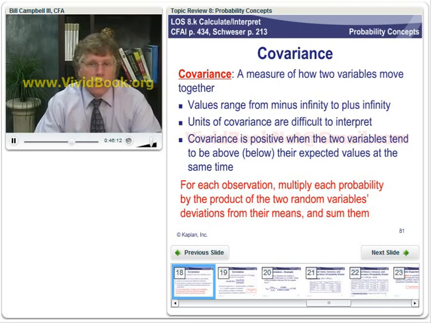If they're both below their respective means, you get two negative numbers, multiply two negative numbers together, you get a positive. That increases the covariance. The covariance will decrease if one of the numbers is above its average when the other one is below. So the baby giraffe height above its average when the S&P 500 is below its average, or the other way around.